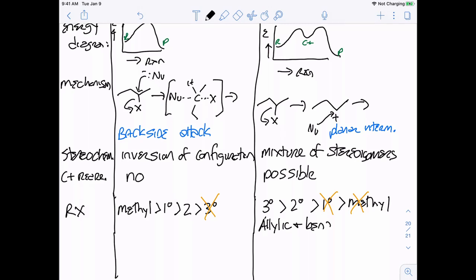Maybe even better. And you can have those because they're not sterically hindered. Ooh, it just won't fit if I write can have, so you do also allylic and benzylic.